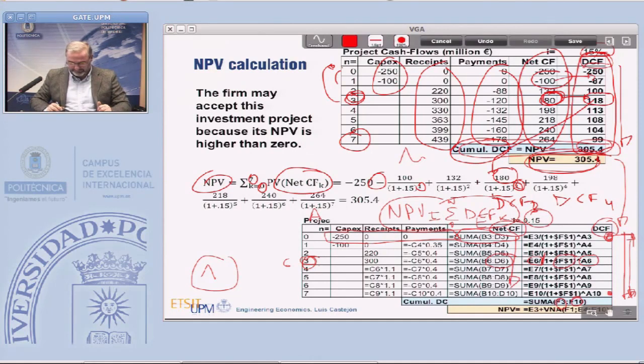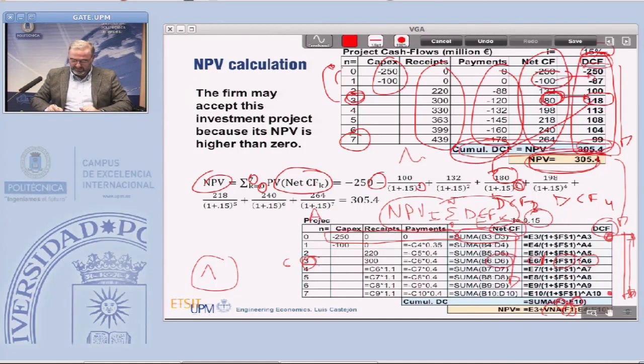What is the Excel formula? As I have explained before, it is very important to remember every time we use the net present value formula of Excel. The formula of net present value is this one, VNA, this is the Spanish formula. In English it will be NPV, net present value. So the NPV formula refers to F1.